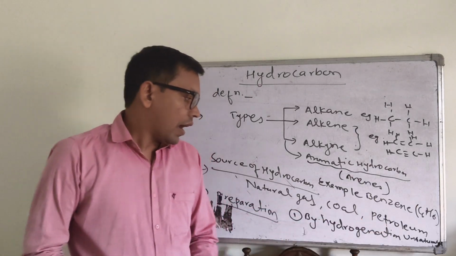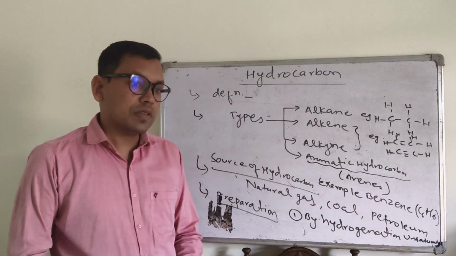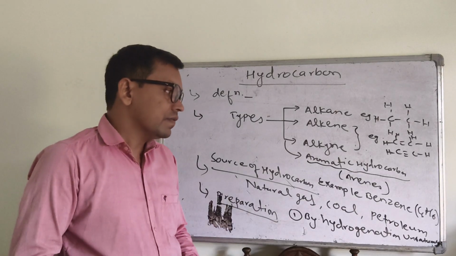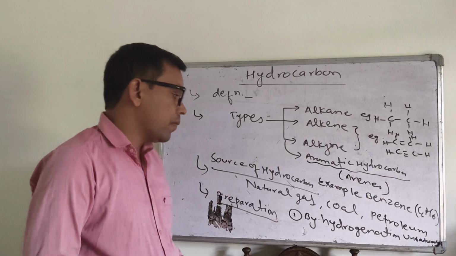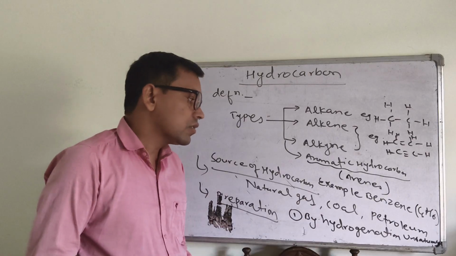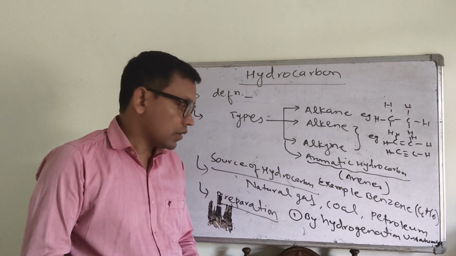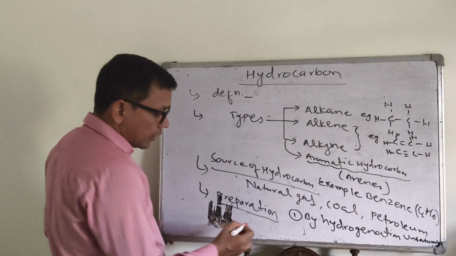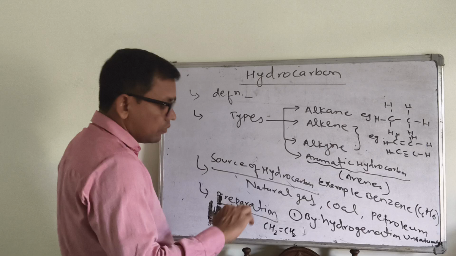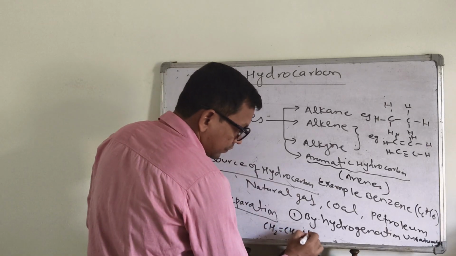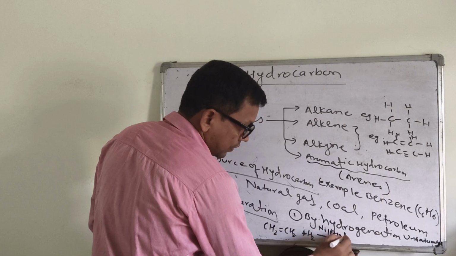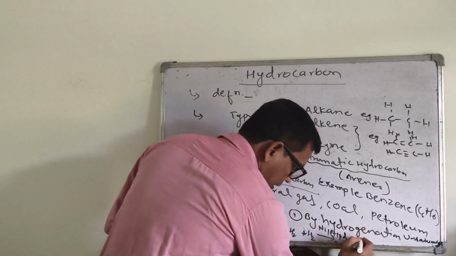What does hydrogenation mean? Hydrogenation means when the compound is added with hydrogen gas in the presence of finely divided catalysts like nickel, platinum, palladium. If hydrogen gas reacts with an unsaturated compound containing a double bond or triple bond in the presence of nickel, platinum or palladium, the double bond changes into a single bond.